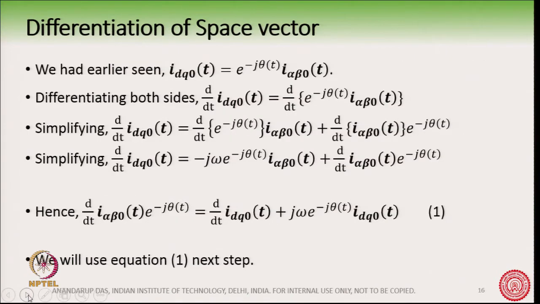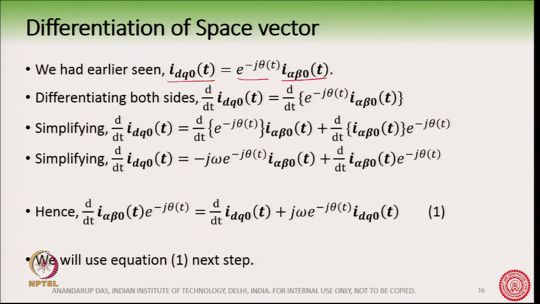Now recall, again I will ask you to recall from the lecture on alpha beta to dq transformation, where we had seen that any space vector can be converted from one reference frame to another by using this e to the power minus j theta multiplying factor, or conversion operator, I should say.